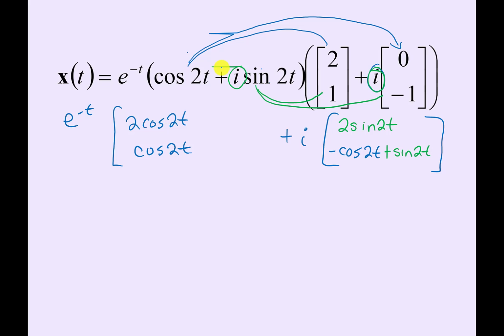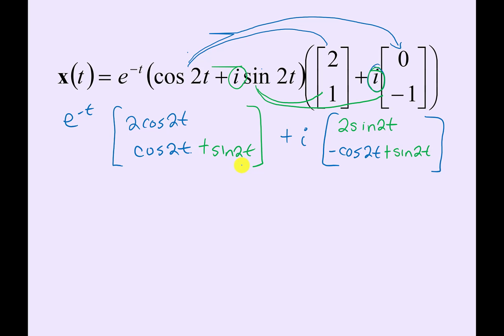So it's going to be a real term, change signs, have a negative on it. And so the first one's going to be 0 for the upper one, but the bottom one is going to be minus and then a minus from the i squared, so that'll make that a plus sine 2t.